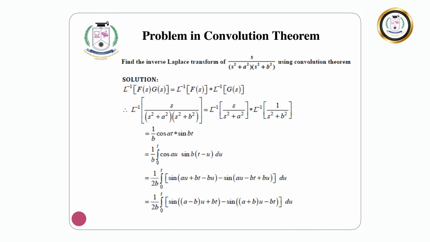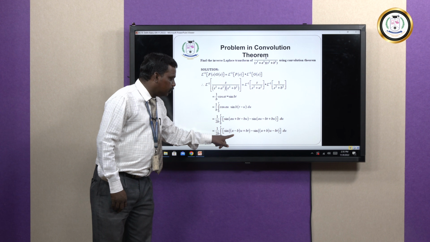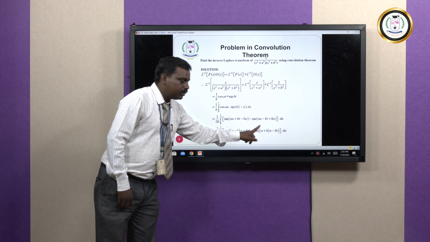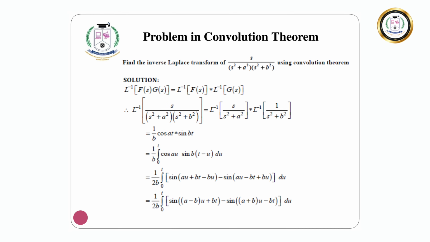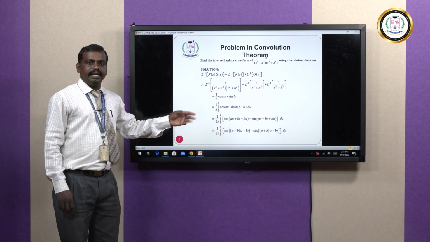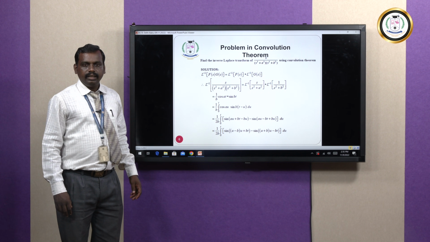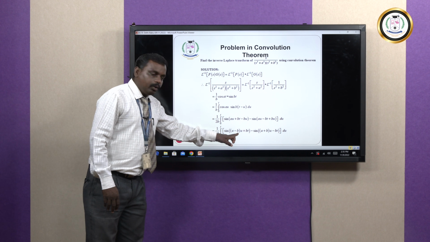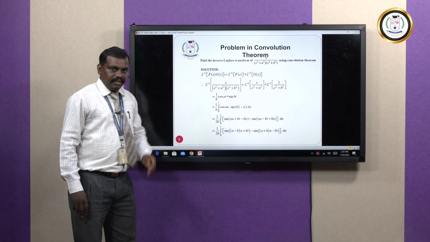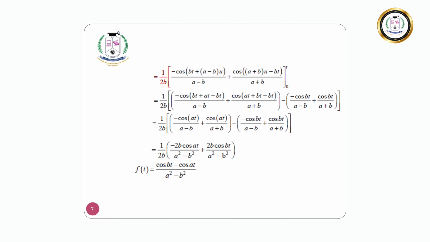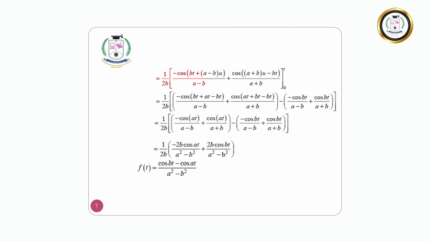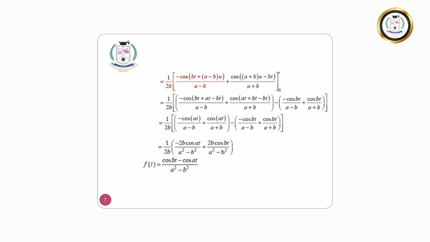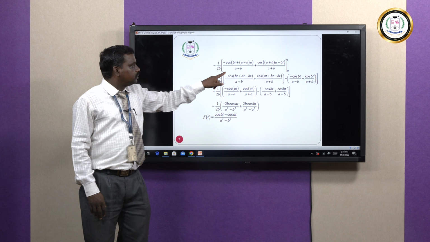Now sin of, I will take u term as common, (a−b)u + bt, minus sin of, taking u as common, (a+b)u − bt, du. Now we already know sin integration. What is the integration of sin x? It will be −cos x. So sin of (a−b)u + bt with respect to u, its integration is −cos((a−b)u + bt) divided by the derivative of the inside: (a−b)u differentiation gives a−b, and bt differentiation becomes 0.